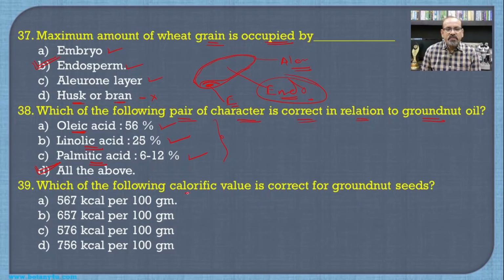Then, which of the following calorific values is correct for the groundnut seed? We should remember that the groundnut seed contains 567 kilocalories per 100 gram, and hence it is the answer for this question.